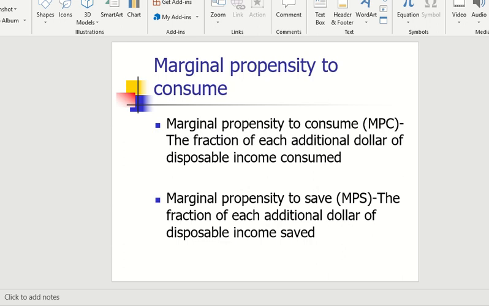So if I have one extra dollar of income in my pocket and I tend to spend 80 cents of it, what that means is my marginal propensity to consume is 0.8. Because I've spent 80 cents of my extra income, I saved 20 cents of it. So my marginal propensity to save is 0.2 or 20%.